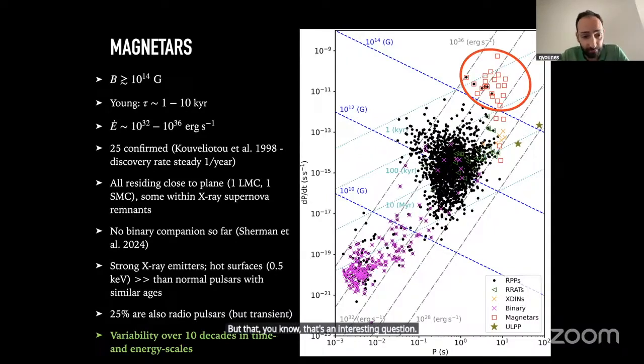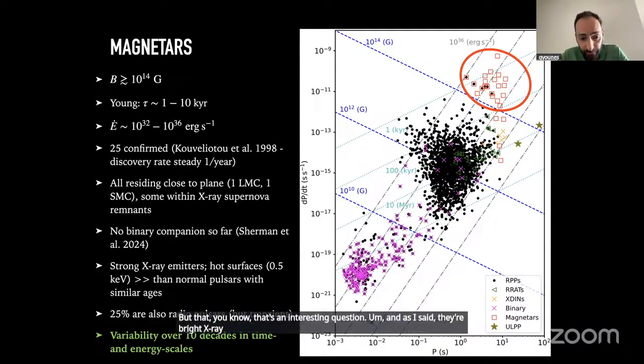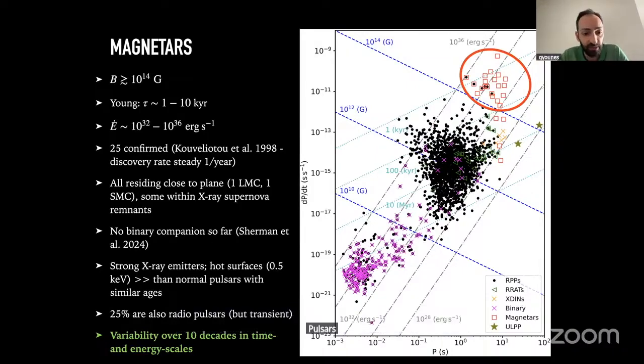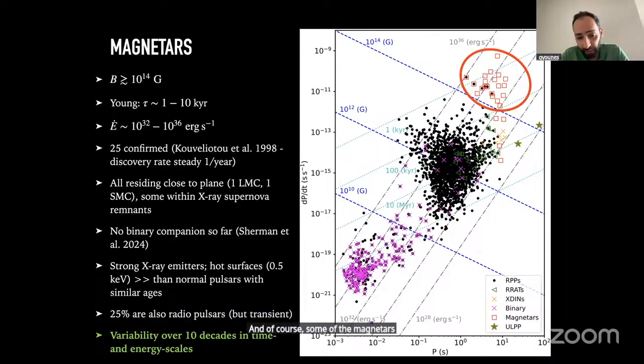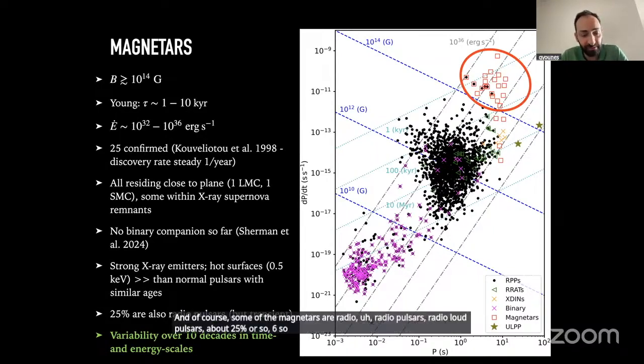And as I said, they're bright X-ray emitters, typically stronger X-ray emitters than regular pulsars. They have hot surfaces with a temperature of about 0.5 keV, which is quite a bit larger than normal pulsars at similar ages. So this is a distinction between the two. And of course, some of the magnetars are radio loud pulsars, about 25% or so, 6 so far, if I'm not mistaken.